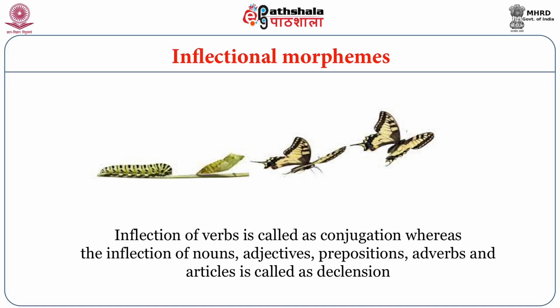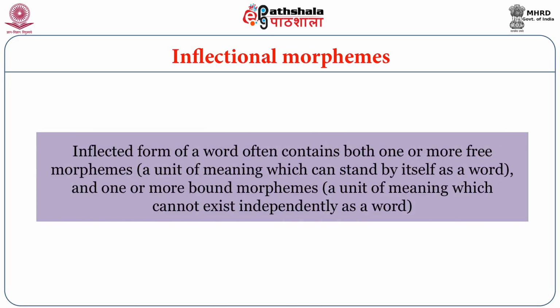Inflection of verbs is called conjugation, whereas the inflection of nouns, adjectives, prepositions, adverbs and articles is called declension. An inflected form of a word often contains one or more free morphemes, a unit of meaning which can stand by itself as a word, and one or more bound morphemes, that is a unit of meaning which cannot exist independently as a word.